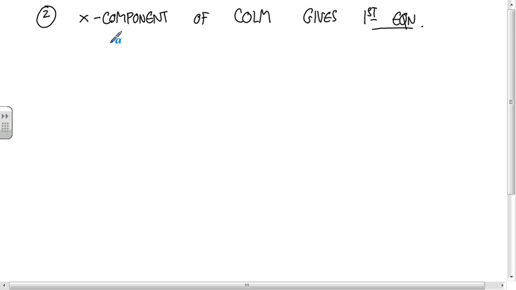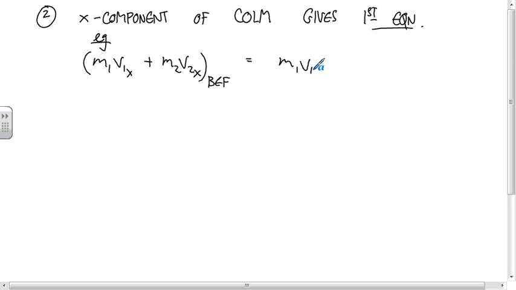So for example, our first equation of our system of two equations says m1 v1x plus m2 v2x before the collision is equal to m1 v1x plus m2 v2x after the collision.